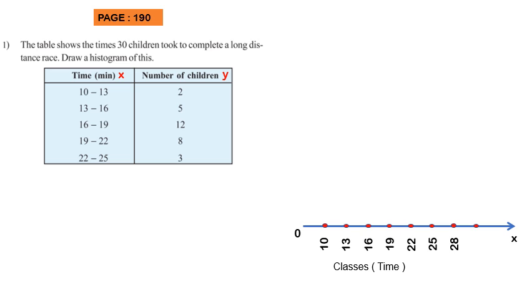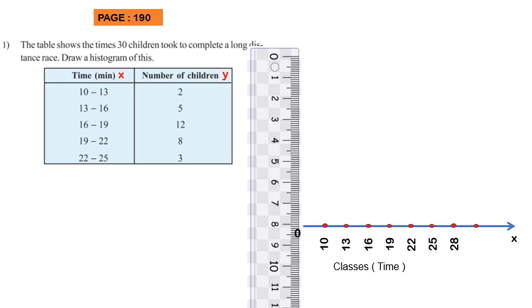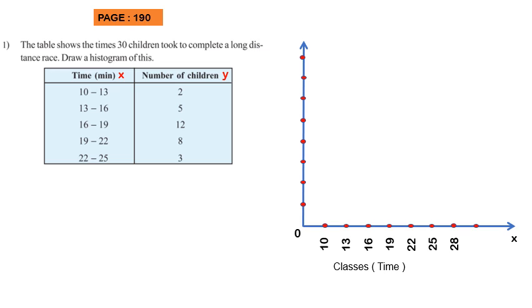Then draw vertical line to the left end and mark dots like this. Then write the frequencies. Here you know lowest frequency is 2 and highest is 12. So here also let us arrange frequencies in even numbers like 0, 2, 4, 6, 8, 10, 12, 14 and 16.